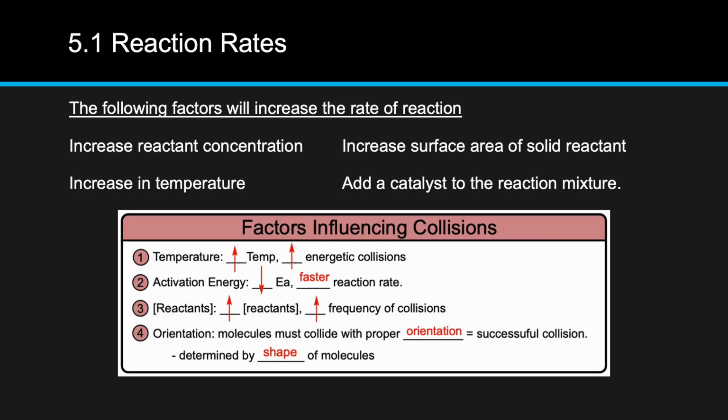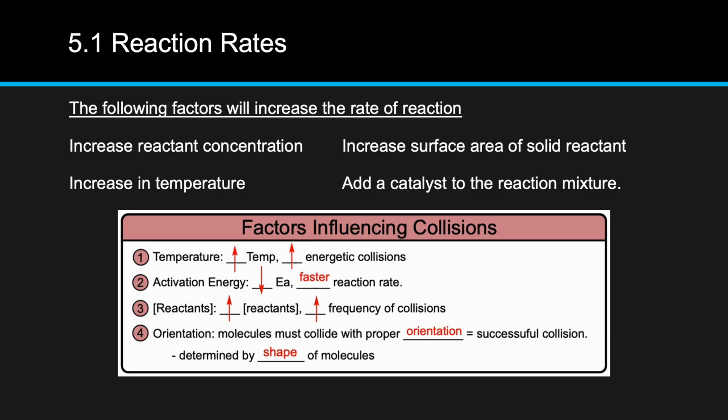Let's talk about what we have to do in order to increase rate of reaction. First is increasing reactant concentration. Increasing the concentration puts more particles into the same space, which increases your chance of collisions. Next is an increase in temperature. By raising the temperature, you raise the average kinetic energy of those particles, which means they move faster and lead to more energetic collisions that are more likely to overcome that activation energy.